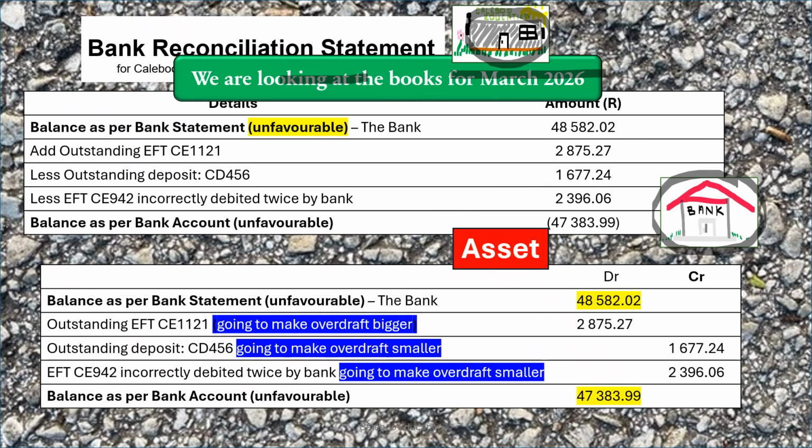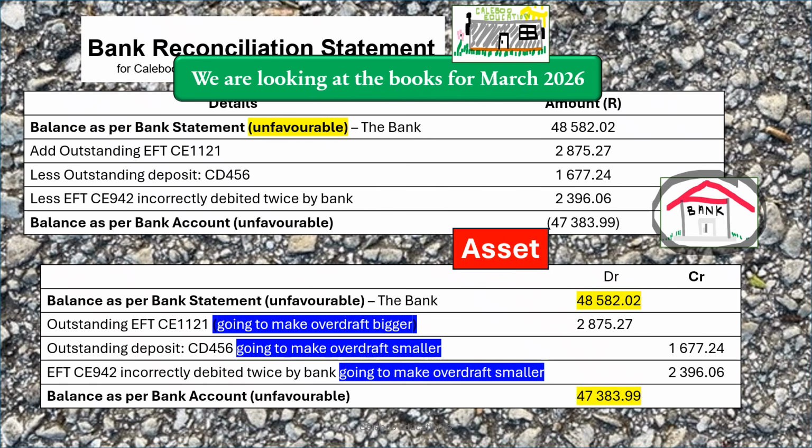We are going to look at the transactions for March, but this is the bank reconciliation statement from February, and part of the process is we're going to compare the bank reconciliation statement from February with the bank statement that we received from the bank for March.